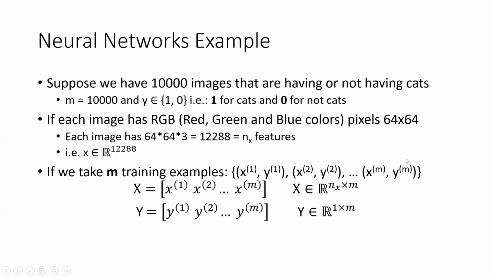For the mth image, this is the set of independent variables or x features, and this is the dependent variable or the y value, right? So there would be m data points for m images.